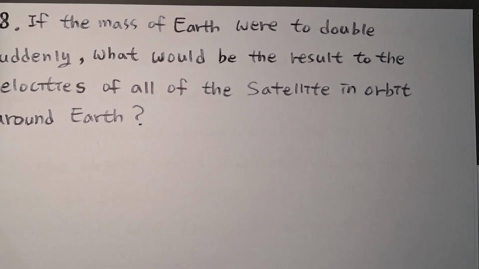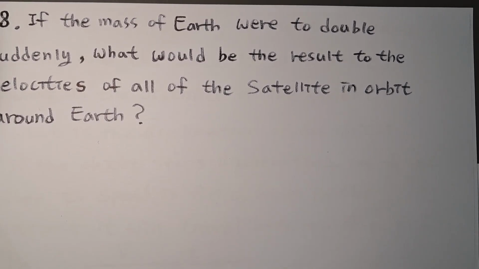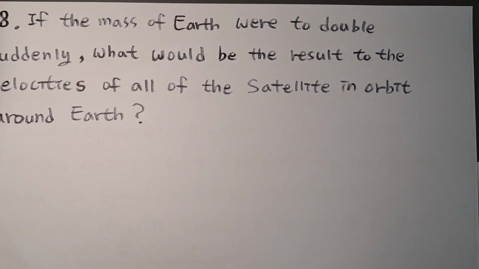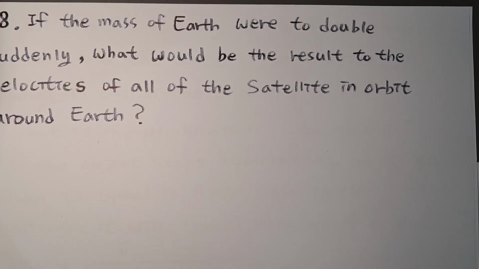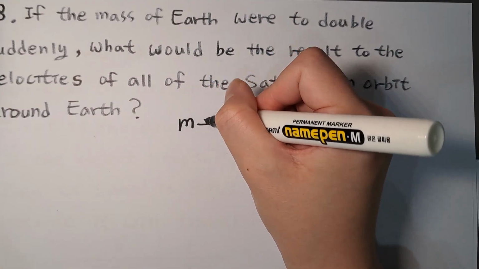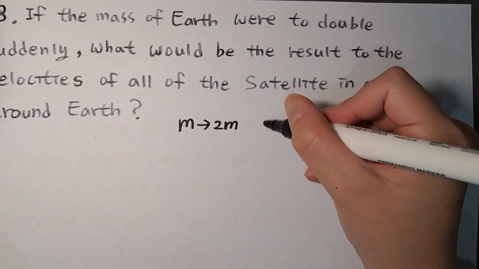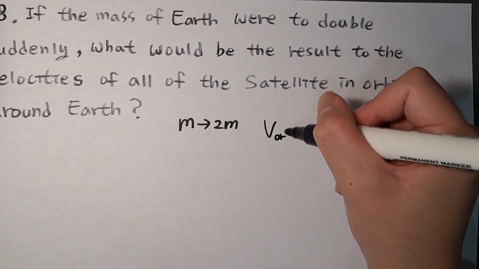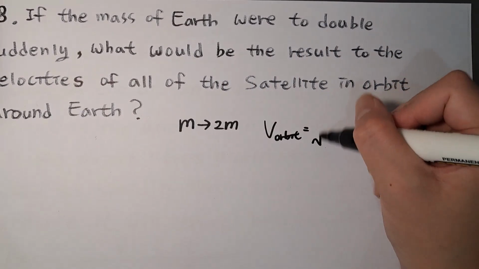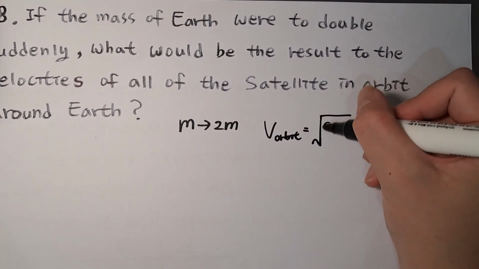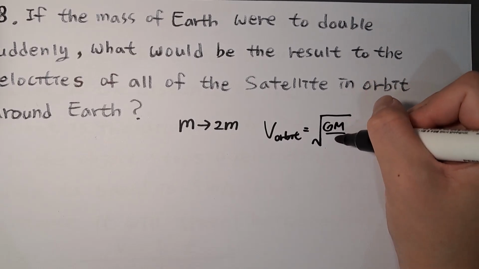If the mass of Earth were to double suddenly, what would be the result on the velocities of all of the satellites in orbit around Earth? So the mass is going to be doubled, and we are going to use this equation for finding the velocity of the orbit.